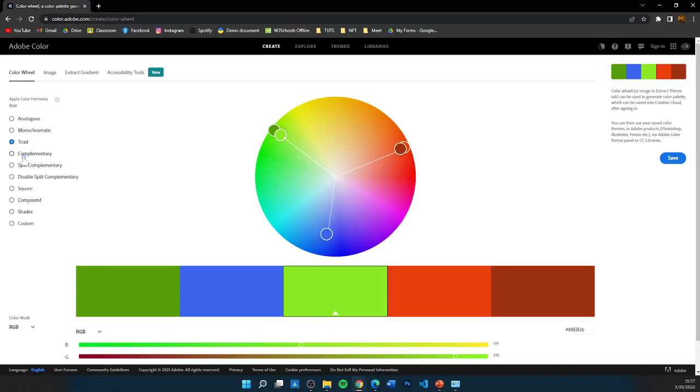These or perhaps this split complementary, so on and so forth. These colors will ensure a higher contrast. So if you want to design something that we want it to have a higher contrast in the colors, then let's go to our color wheel and look for either triad or complementary.